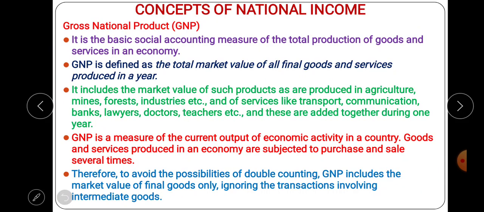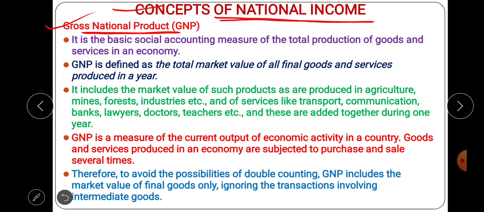And then the next and last point of today's topic is the concepts of national income accounts. There are a few concepts which are very important while measuring the national income, and we are going to discuss them in detail. The first one is GNP, that is gross national product.